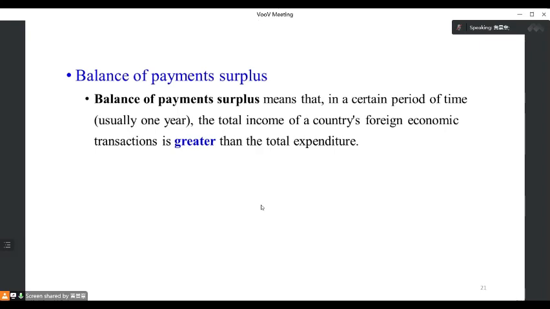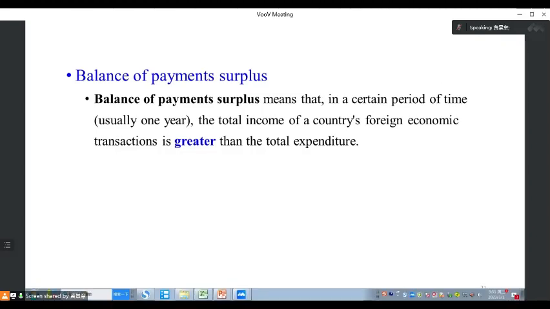In another word, we can say the surplus of balance of payments. Balance of payments surplus means that in a certain period of time, usually 1 year, the total income of a country's foreign economic transactions is greater than the total expenditure.